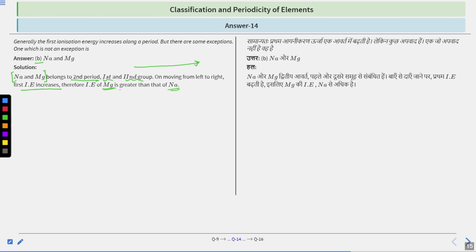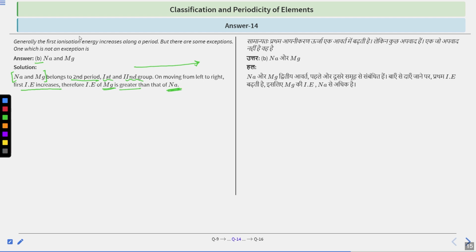We can say this because in the periodic table, sodium and magnesium are in the first and second group respectively, and along a period, the first ionization energy increases.